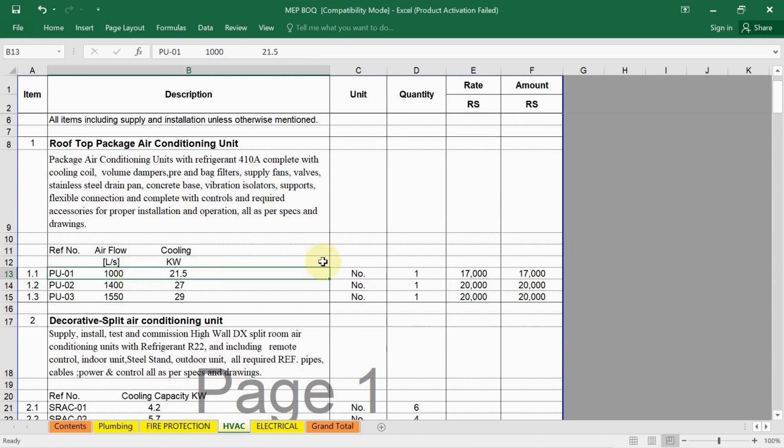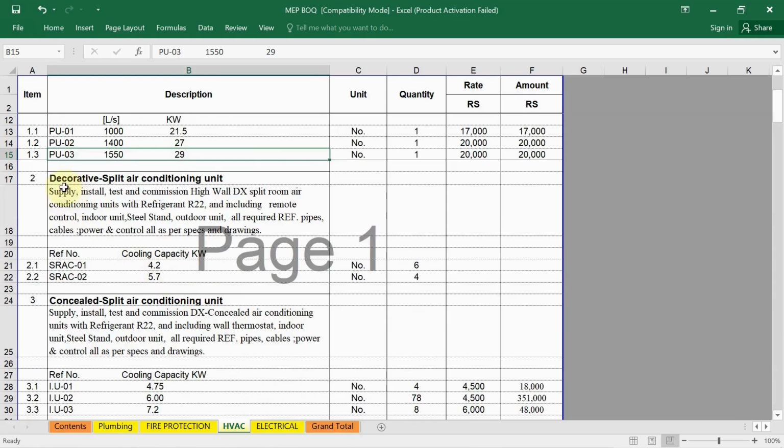In this case, we are using three rooftop package air conditioning units. PU01 has an airflow of 1000 liters per second, PU02 has a different airflow rate, and the cooling capacity in kilowatts is also given. In this way you have to provide a clear and detailed description for each item.